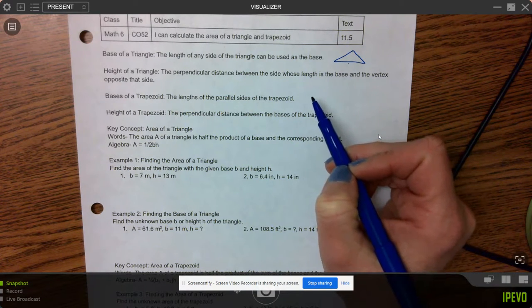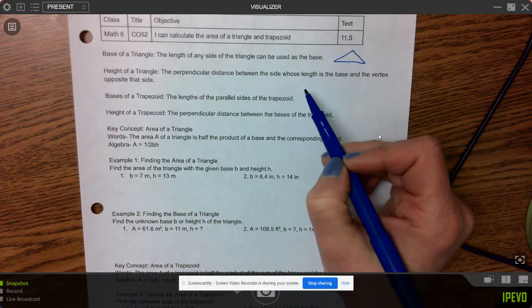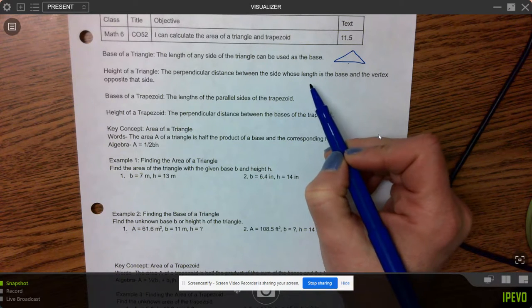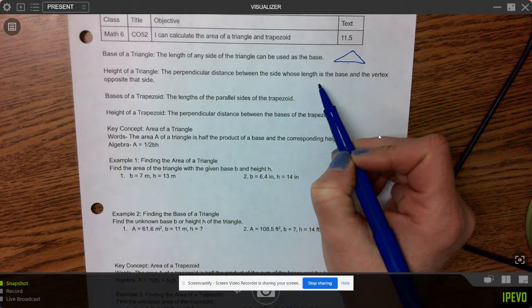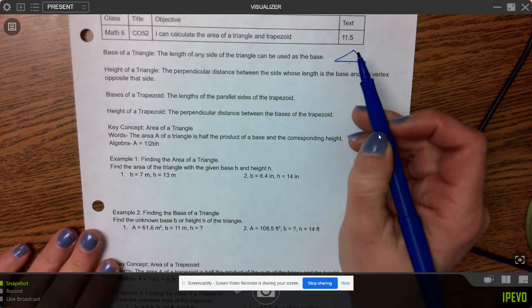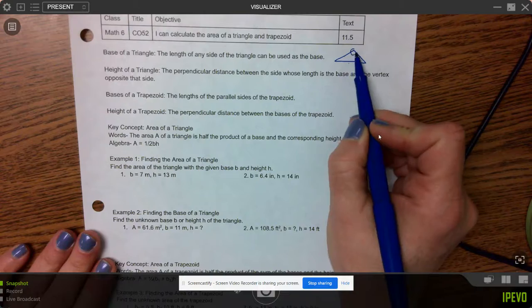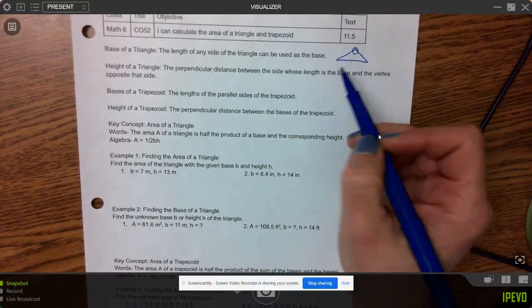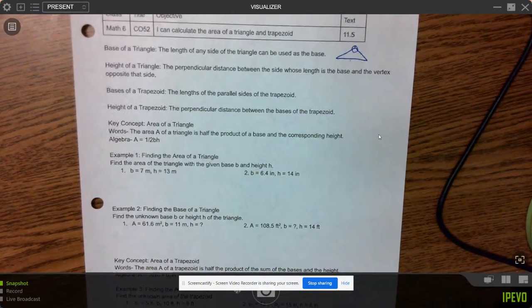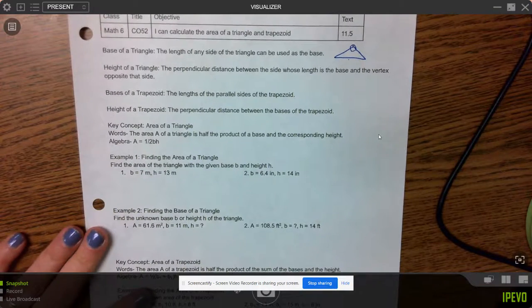So the height of a triangle is the perpendicular distance between the side whose length is the base and the vertex of the opposite side. Remember, a vertex is the angle where the two lines meet. So our vertex is that angle.